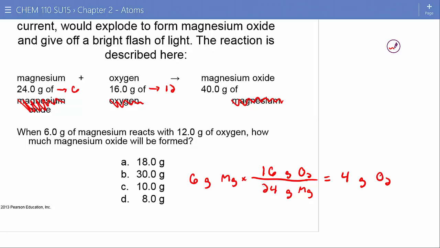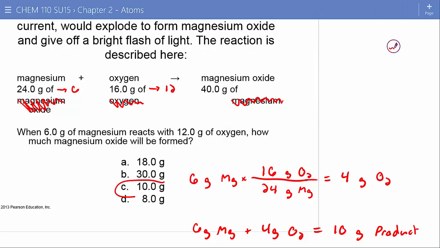Sorry, I typed it in wrong in my calculator, right? So now we've got 6 grams of magnesium reacting with 4 grams of oxygen. What will our final mass be? Yeah, it'd be C. So 6 grams of magnesium plus 4 grams of oxygen equal 10 grams of product.